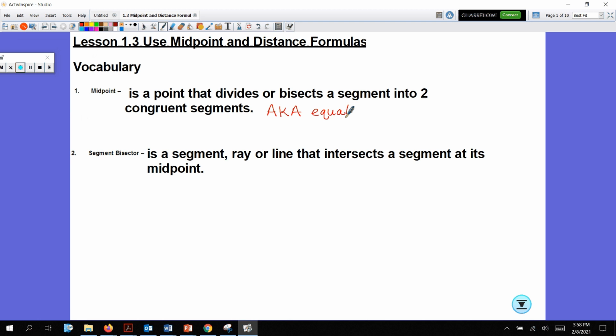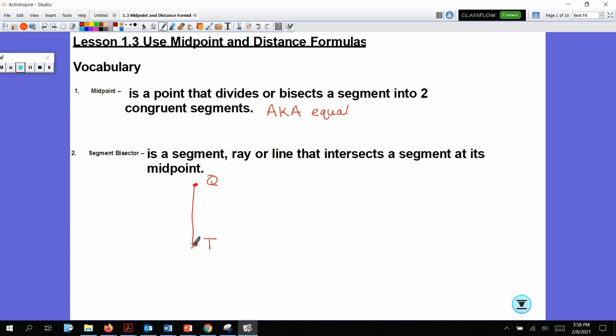A segment bisector is a segment, ray, or line that intersects a segment at its midpoint. So in the middle, right? Directly in the center. So a segment bisector might look something like this. If I had a point here, Q, and a point down here, T, they're connected.